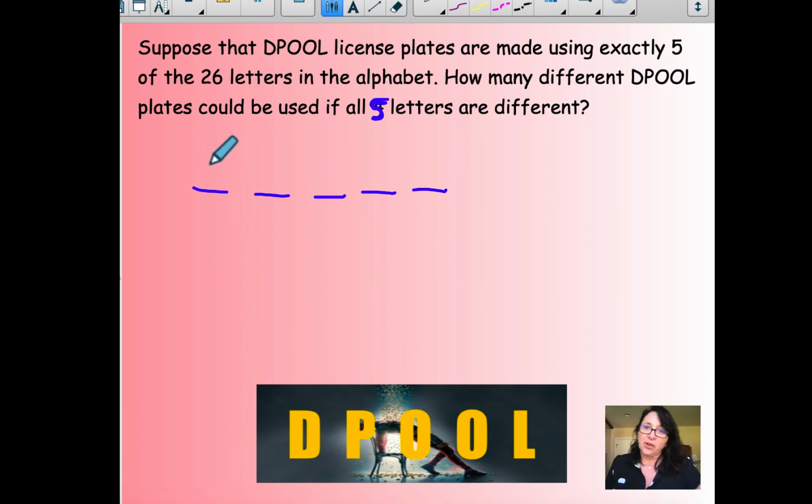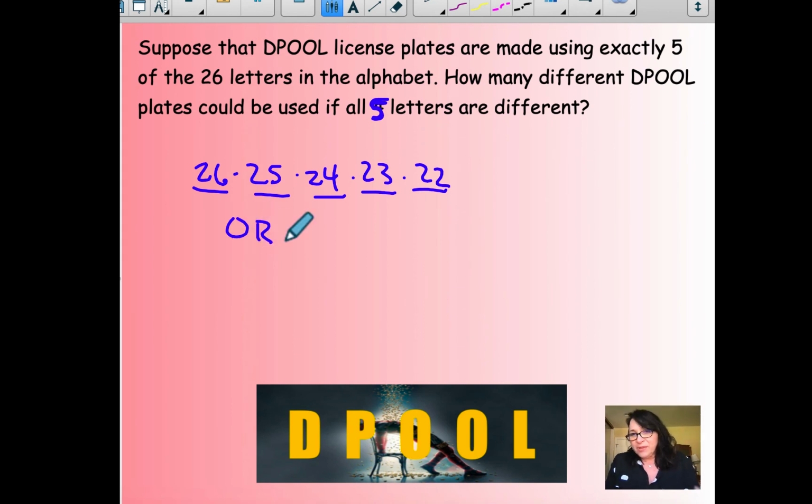If the letters could be any letters and could repeat, we would have 26 times 26 times 26, etc. But because the letters cannot be used again, they're all different, we have 26 choices for the first letter. And once we use one letter of the alphabet, the next is 25, and then 24, and then 23, and then 22.